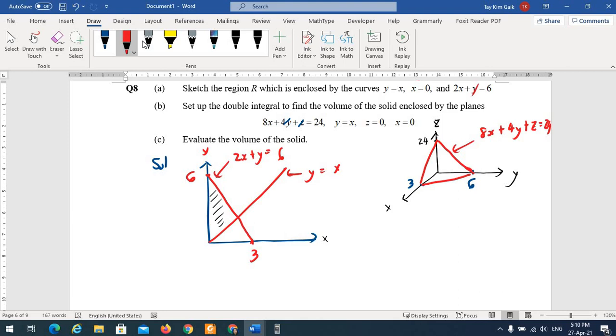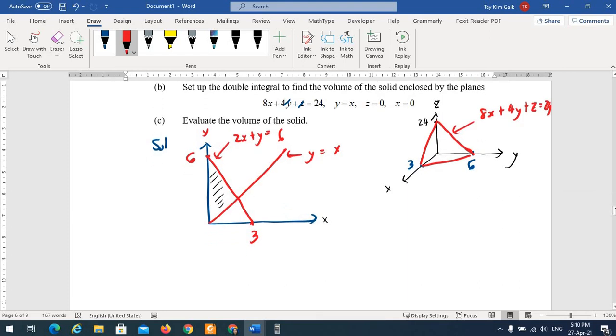To use a double integral to find the volume of this tetrahedron bounded by z equals 0, x equals 0, the x-axis, and y equal to x, you could sketch y equal to x here. This is in 2D.